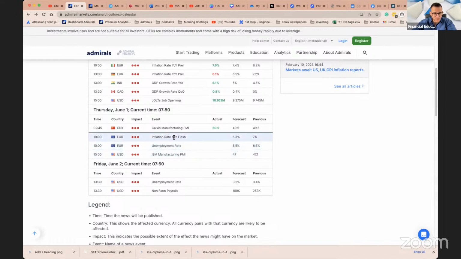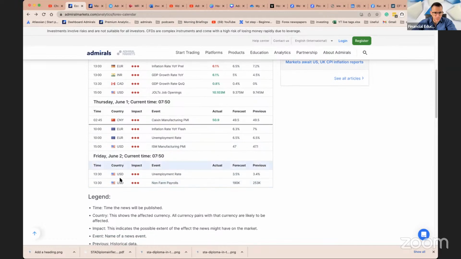Anyway, major events, it's going to be the inflation and the unemployment rate. Now, if the actual confirms the forecast, most likely we're going to see some continuation to the downside. And tomorrow, remember, non-farm in the US, expectation is to see some kind of weakness. So let's be mindful with that.